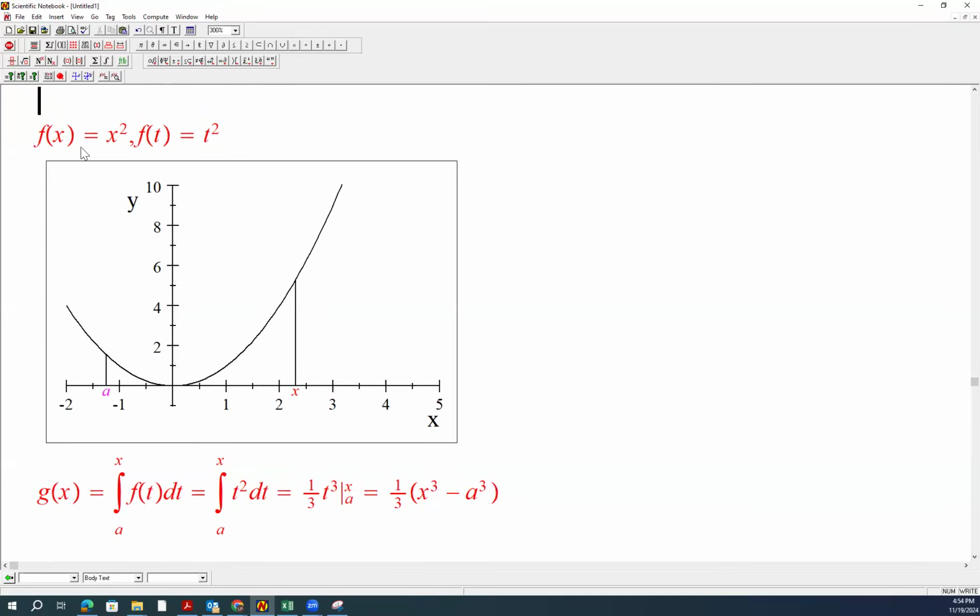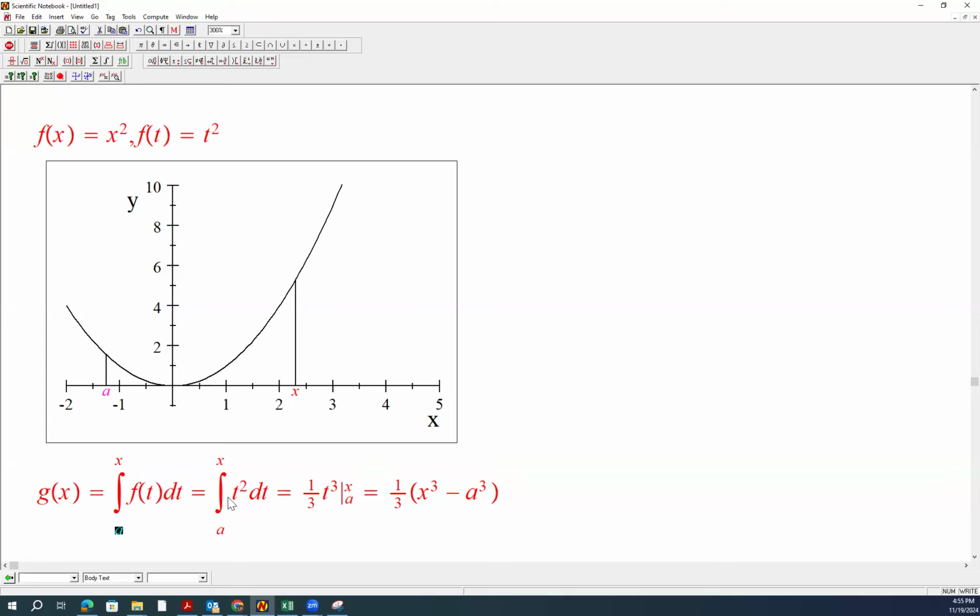This time I choose f of x equals x squared, and of course f of t is t squared. It's basically the same function. So we integrate it from a to x and define this definite integral as g of x. Obviously, the area underneath the curve is dependent on the upper limit, as the lower limit a is fixed.